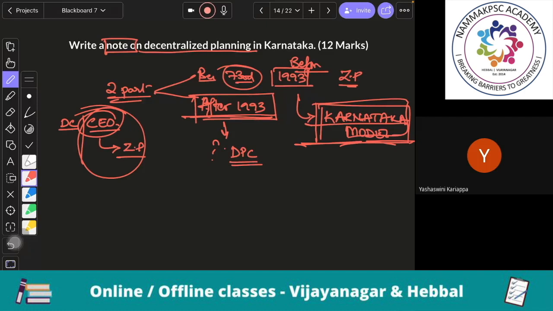That's why we had to implement them. For the district planning committee, you will write the composition and their features, etc. That is there even in Lakshmikant also. So DPC, Article 243ZD, if I'm not wrong, or 243ZE, just check it. It provides for the district planning committee and their role, etc. All that has been provided.